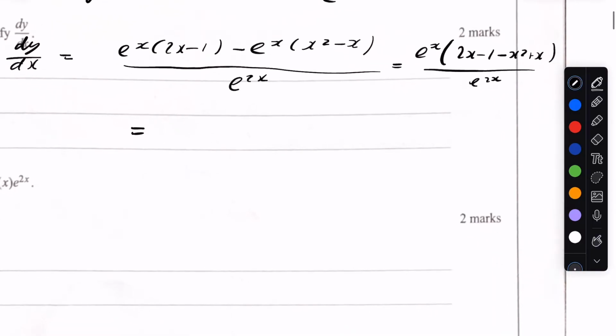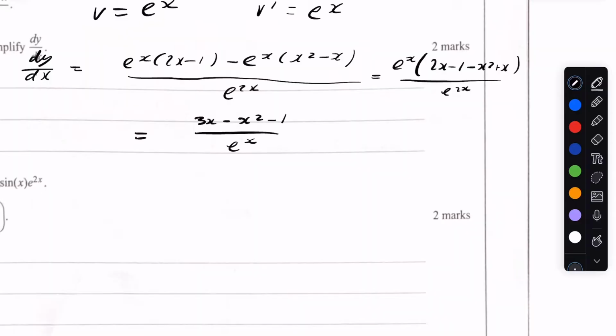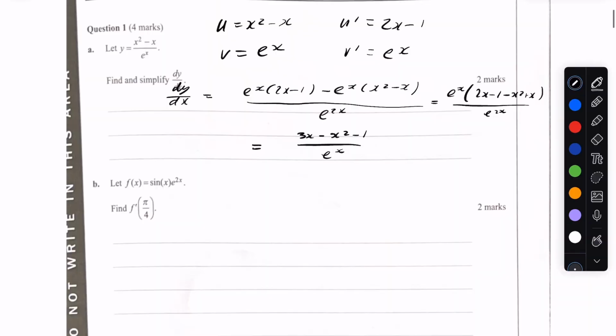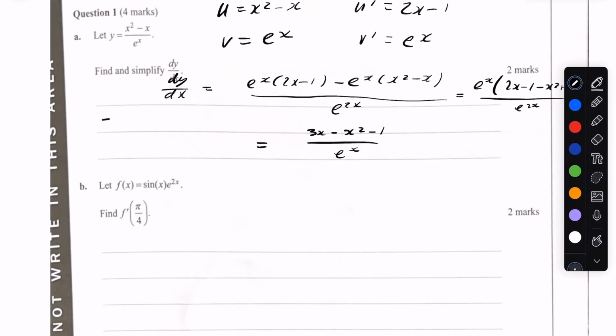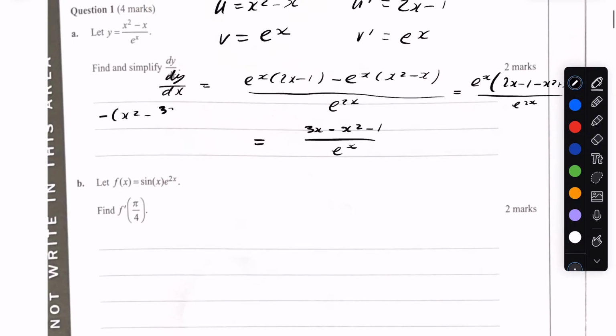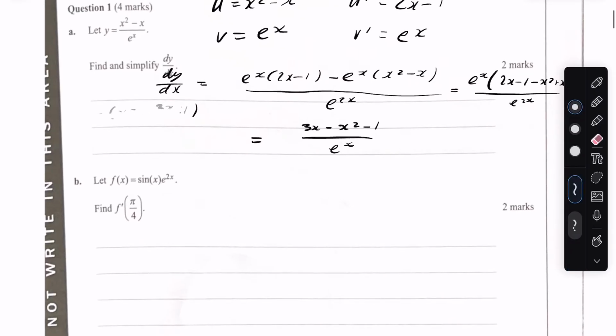And that is 3x minus 1 minus x squared, all over e to the x, I believe. Yep, looks about right. Can we factorize that even? No, can't. Alright, so I'll leave it like that.